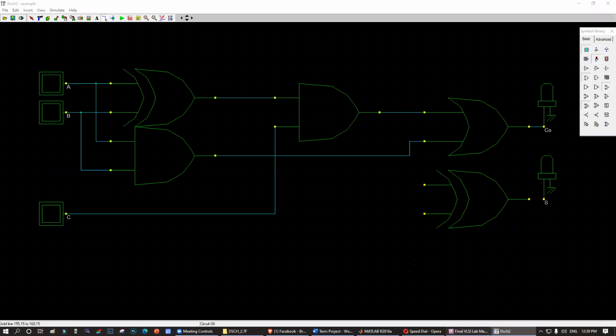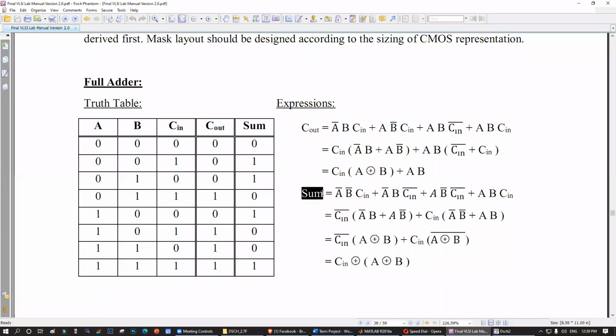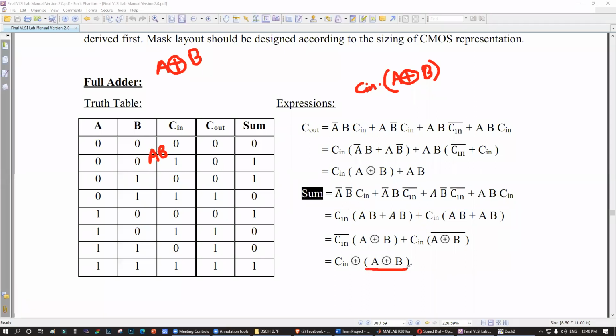Next one is the sum. What is sum? Sum is A XOR B and XOR C in, right? A XOR B is already done in our previous step. So we are going to take the result and XOR it with C in.